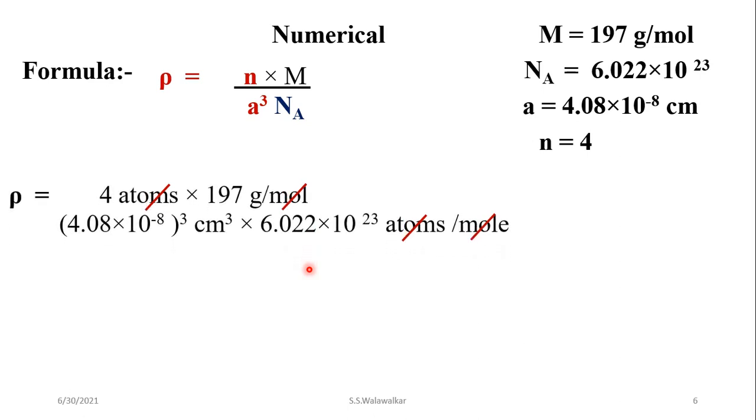Then rho is equal to 4 atoms into 197 grams per mole, divided by 4.08 into 10 raised to minus 8, whole raised to 3 cubic centimeter, into 6.022 into 10 raised to 23 atoms per mole. Now atoms cancel, mole cancel. What remains? Grams per cubic centimeter.